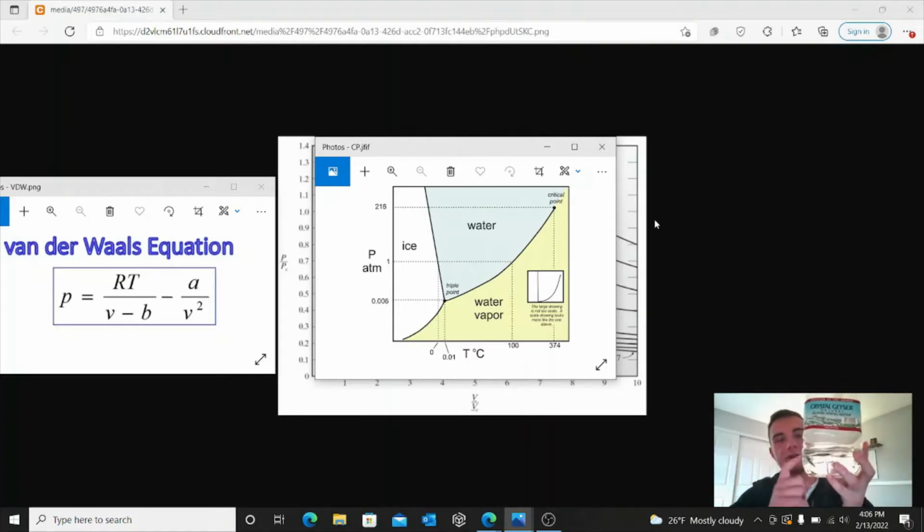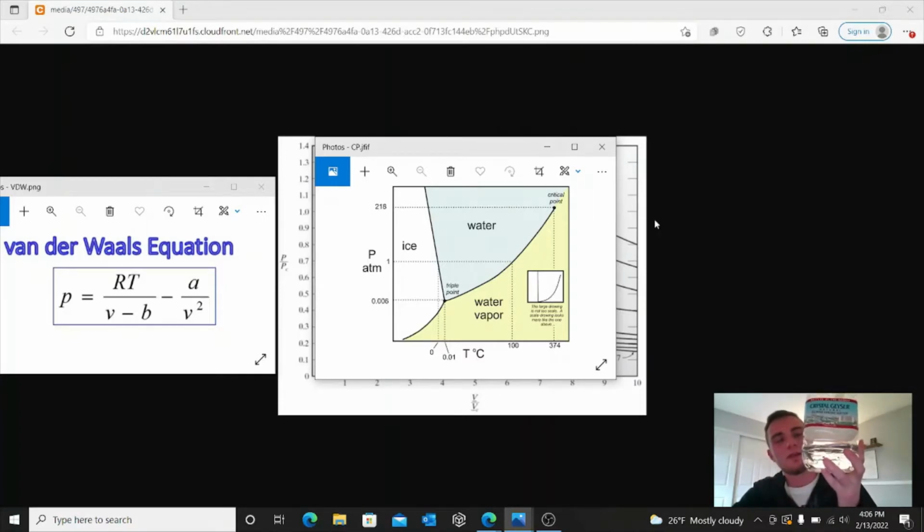So if we want to take a look at this in a physical sense, if I take this sample of water here in this water bottle, and I want this sample of water to reach its critical point, the first thing that I would need to do is heat this water bottle up so that there's no longer air in this bottle, but that there's water vapor and liquid water, so that it's a pure water substance in the container.